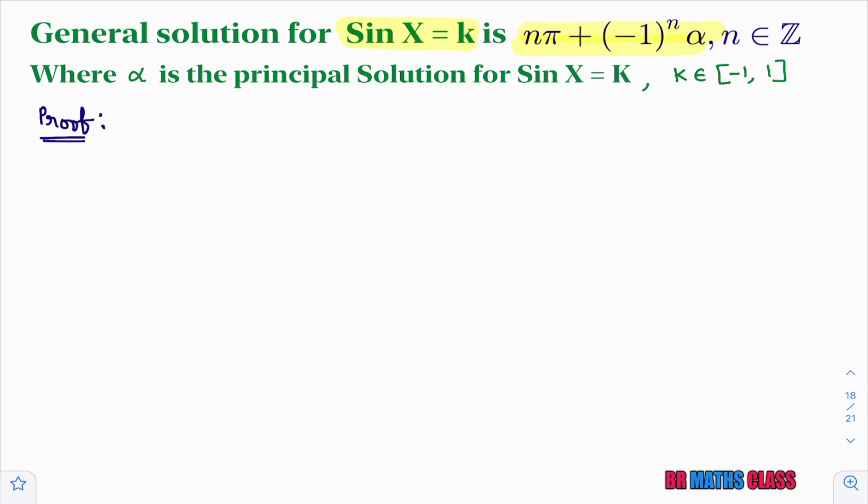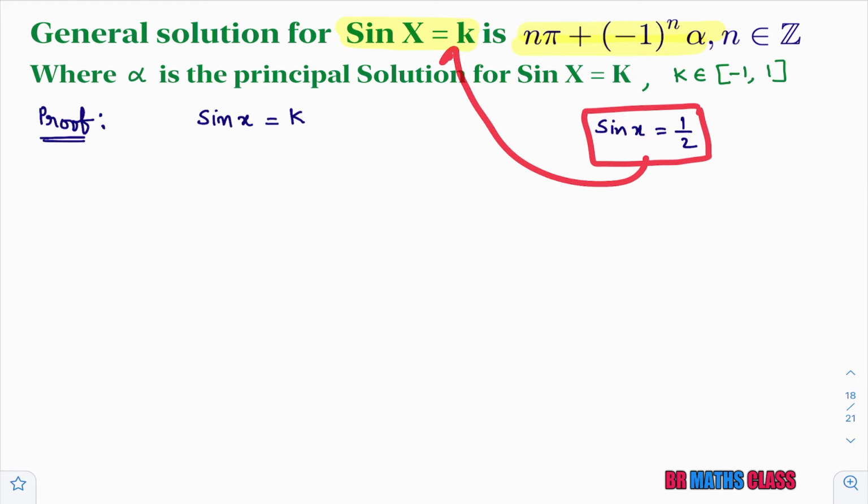Okay. First, I will take the given trigonometric equation. Given trigonometric equation is sin x equal to k. K can be written as sin alpha. For example, you take sin x equal to 1 by 2. This is a trigonometric equation of the form sin x equal to k, right?